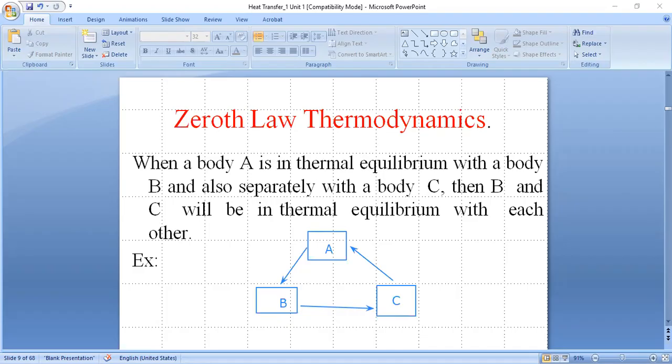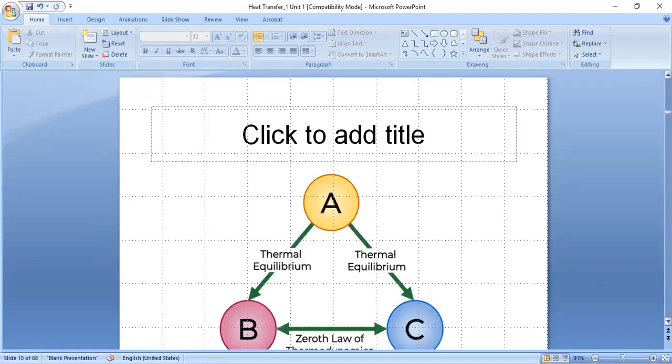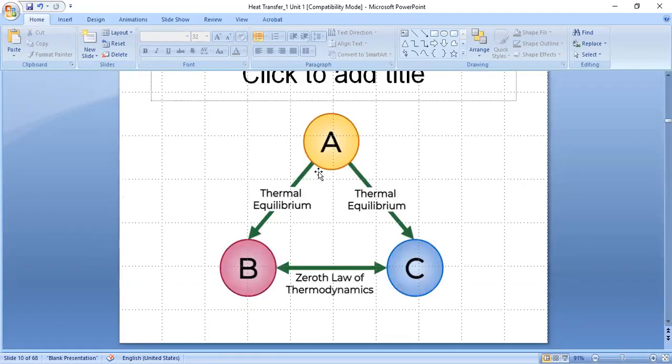Zeroth law of thermodynamics. Next, I will move on. See here, body A to body B, body B to body C. This is also body A to B, it will reach thermal equilibrium.